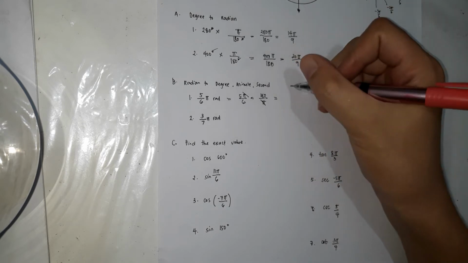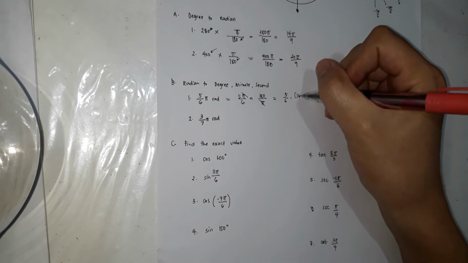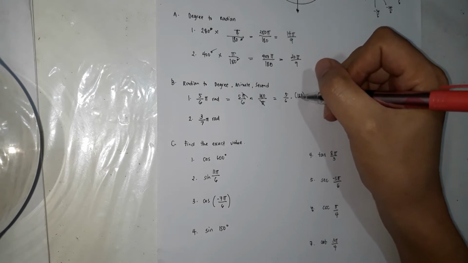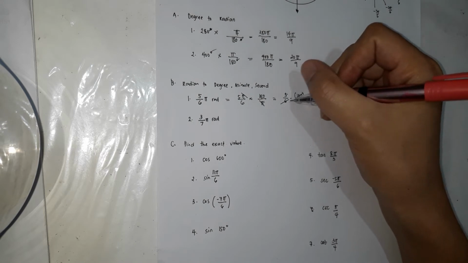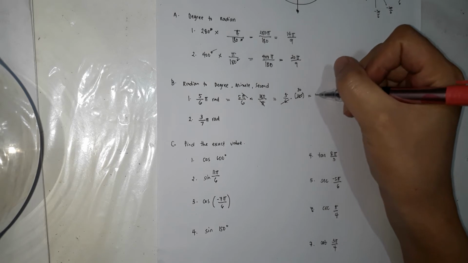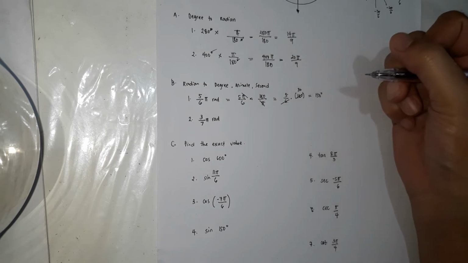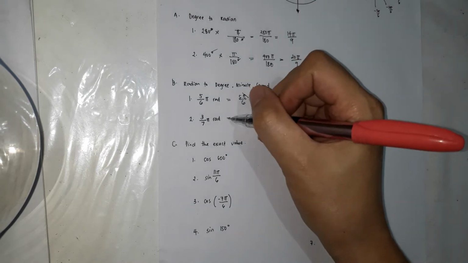So 5 over 6 times 180. You could cancel this: 180 divided by 6 is 30. So it's equal to 150 degrees.